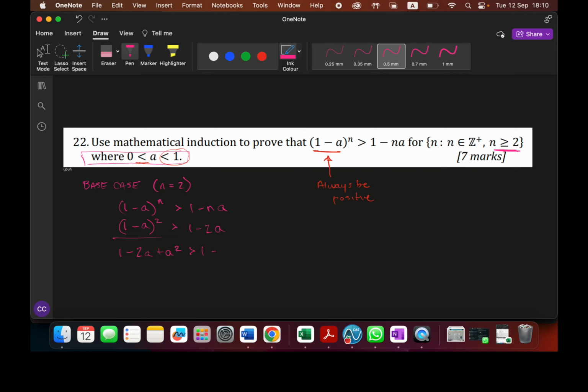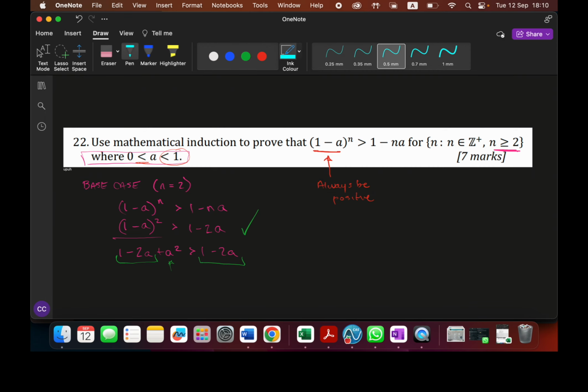Is that greater than 1 - 2a? Well, this front half matches that. So by adding a^2, yeah, it's always going to work. So the base case definitely does work.